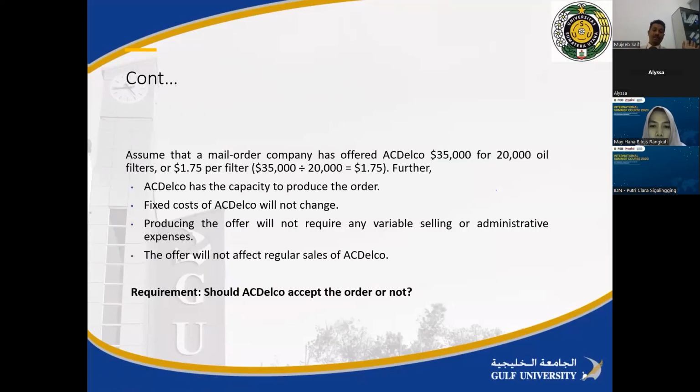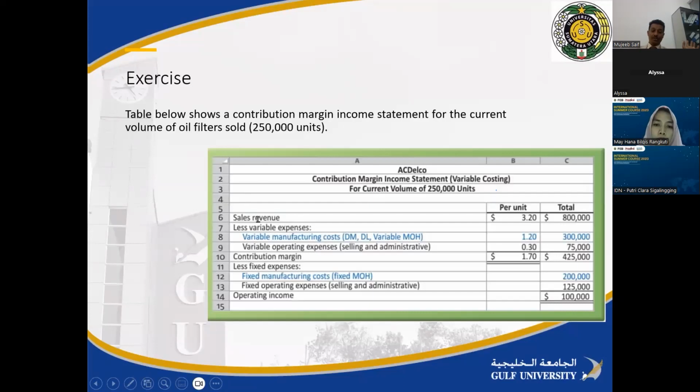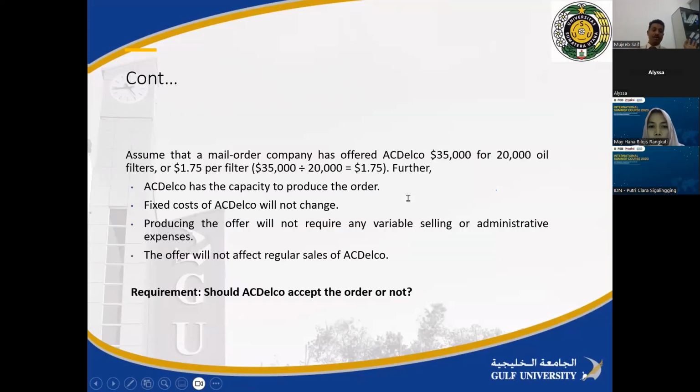So here there is additional information provided to you. This organization produces and sells 150,000 units. This is the current situation, and this is the contribution margin or the income of this situation. So here, assume that there is another company, right?